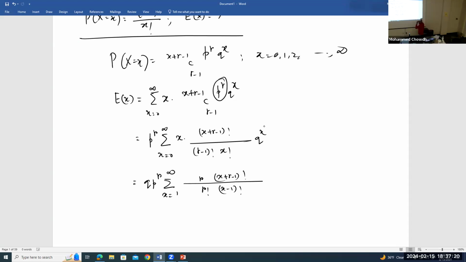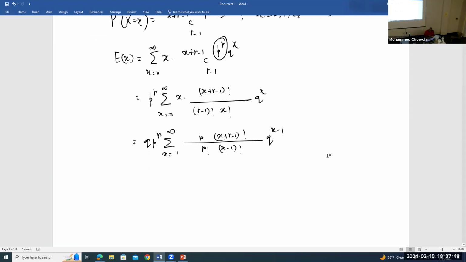Take a look at that. The x cancels out, and it reduces to x minus 1. This reduced to that. I make it here factorial r, I added an r there. And then one q I take out, so it is q to the power x minus 1.